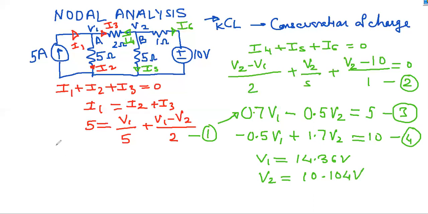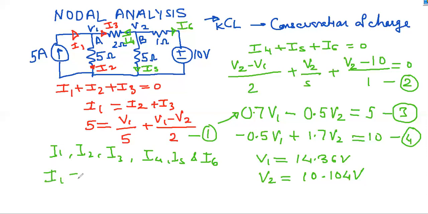With the help of V1 and V2, we can also find the values of I1, I2, I3, I4, I5 and I6. So, for example, if we want to identify the value of I1, in this case V1 is 14.36 and V2 is 10.104.